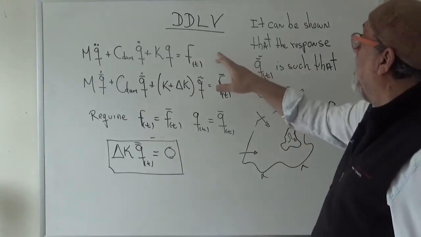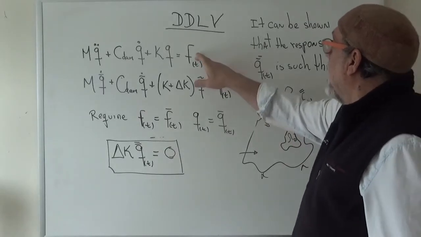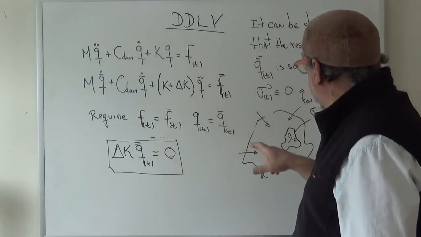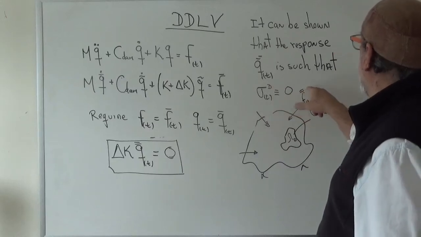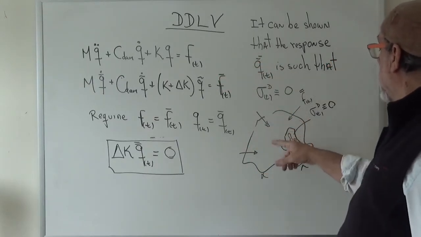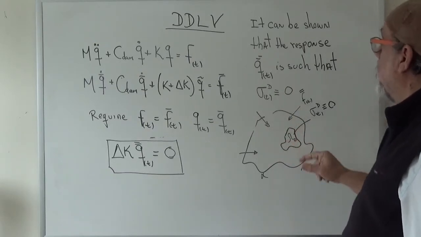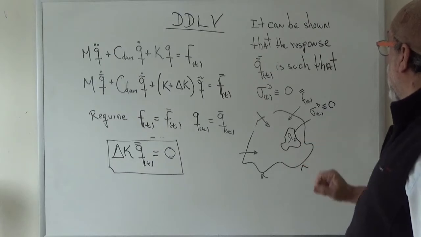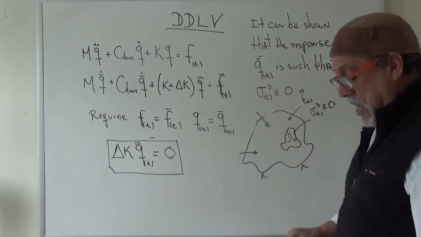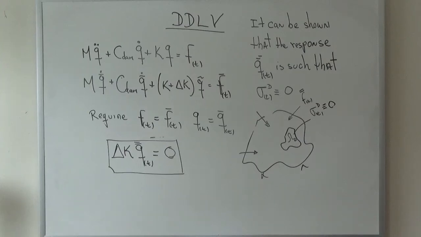If I can find the load from the data, then I could apply it to my domain, find the stress field, and then simply look for the region where it is 0.